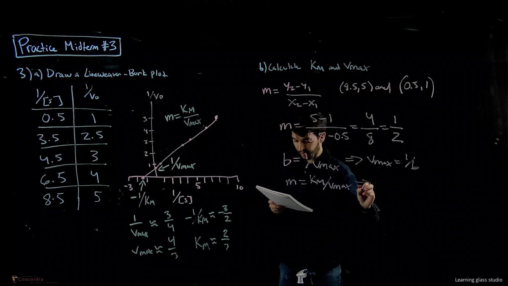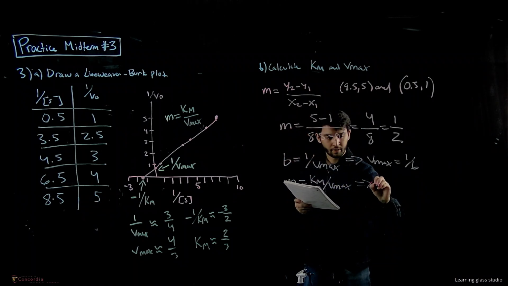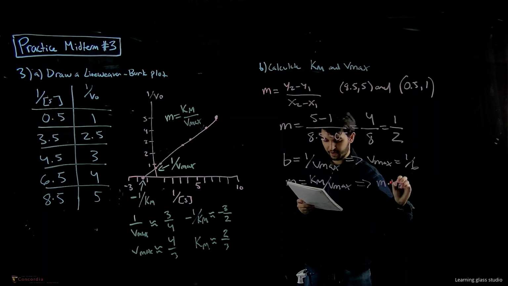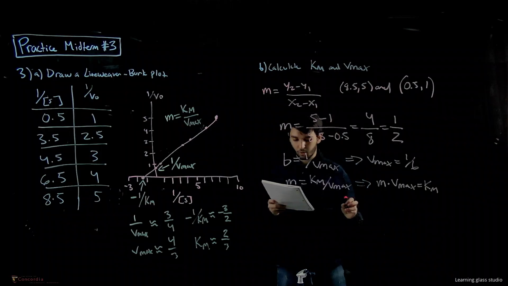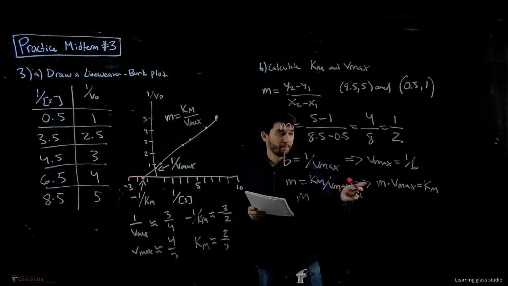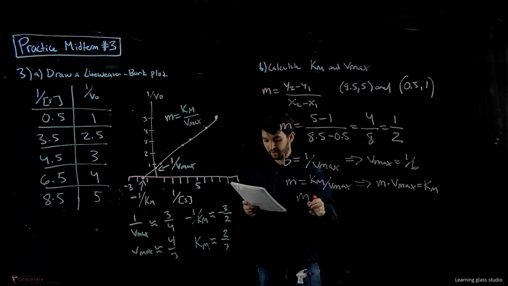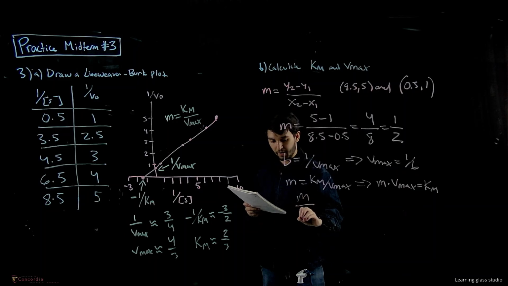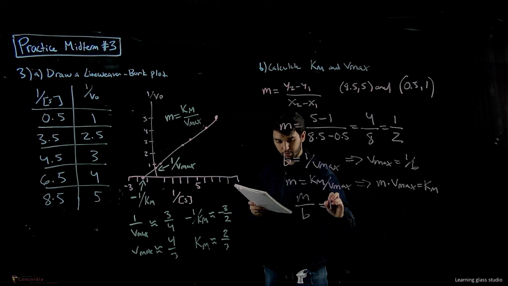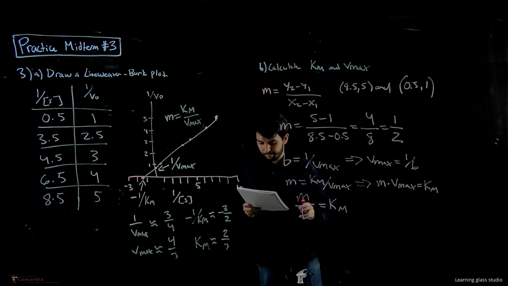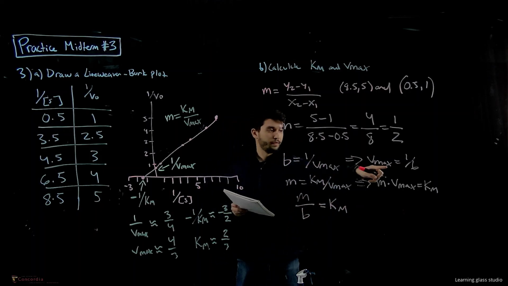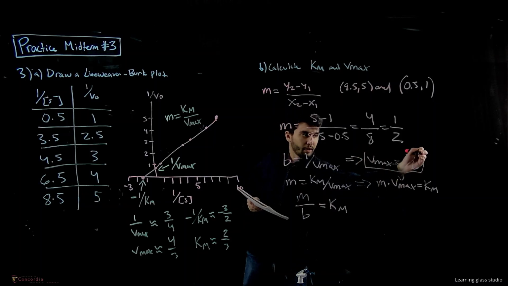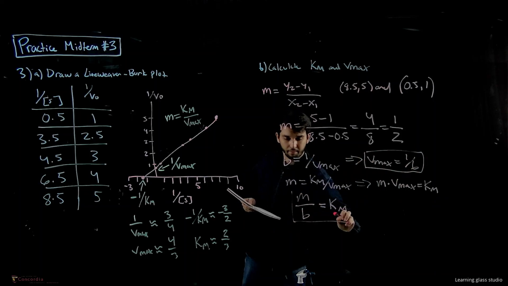So thus we can say the slope times Vmax is equal to Km. Or by combining these two equations, we can say that the slope divided by the y-intercept is equal to Km. Okay? So now we have an equation to calculate Vmax, and we have an equation to calculate Km.